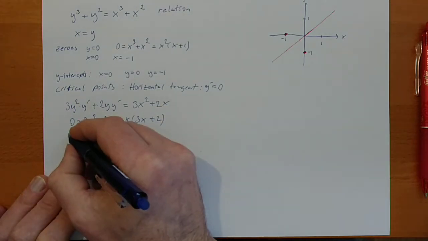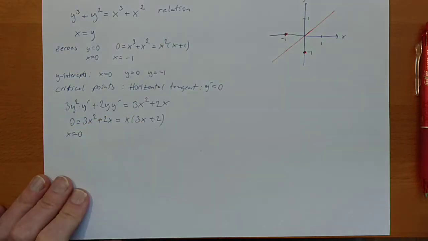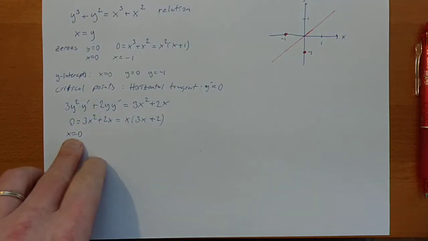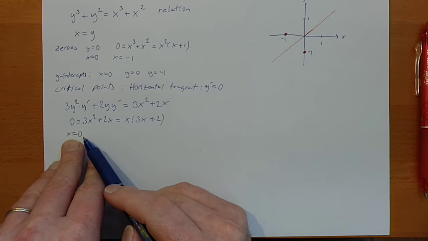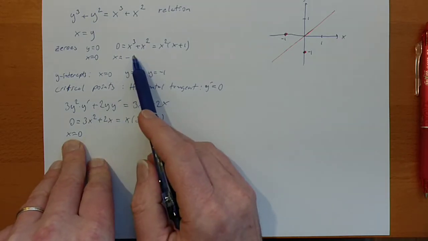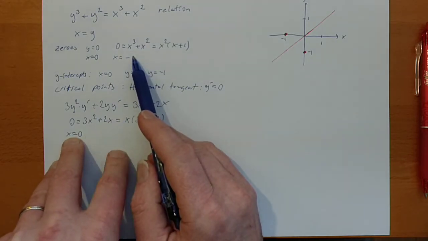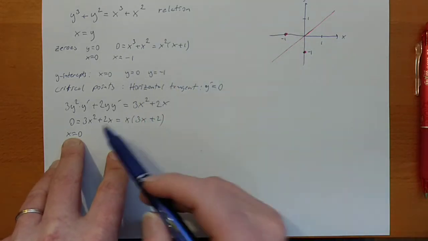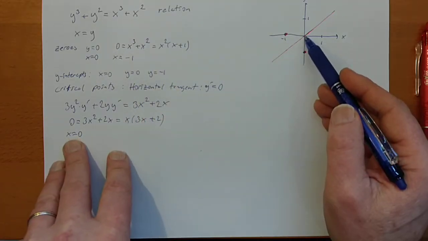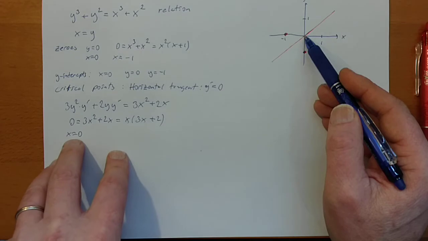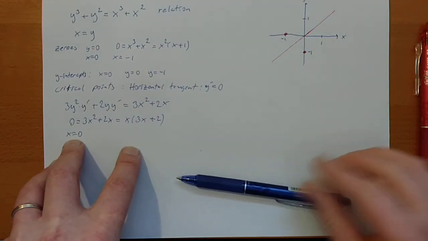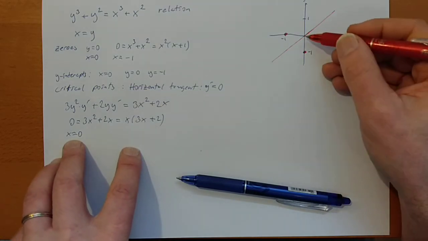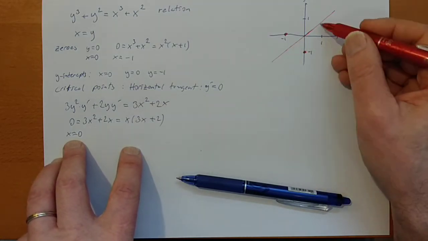That will give us a solution x equal to 0. And now it comes to the problem I said before. If y is 0, because we know that at this point if you plug in x is 0, we get y is 0, or we get to this minus 1 here, we can see that the 0 is a problem, because if we plug in 0 into this, we will be at that point, and there we can see the slope is definitely not 0.